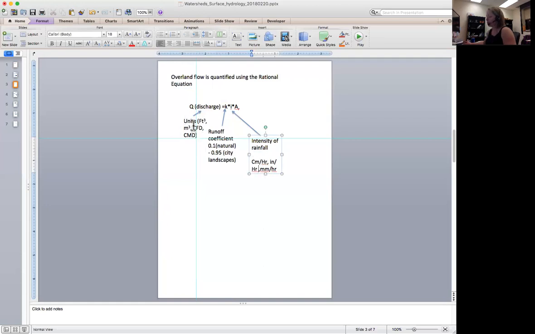So we need to make sure that we're keeping with the same units that are there. And then finally, the AR is the area of the watershed. And again, this should be given in something like meters squared or feet squared.